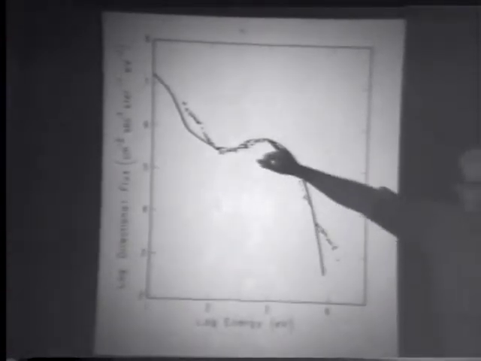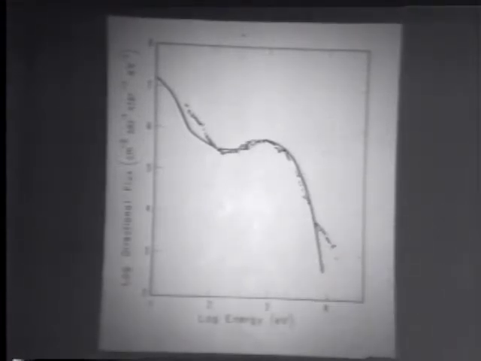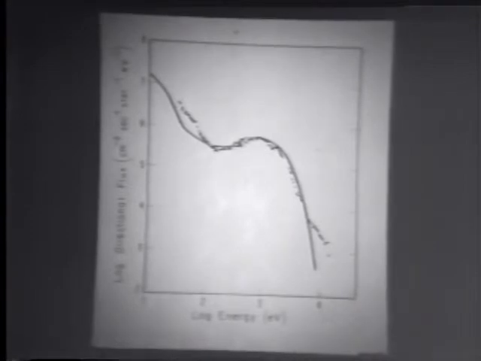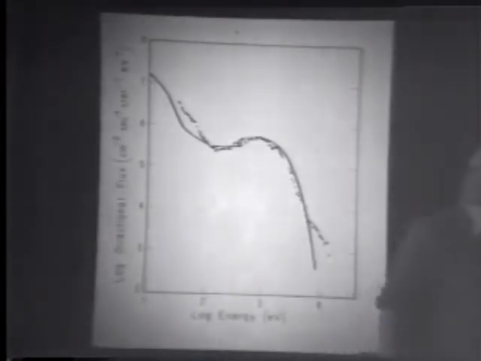The dots are the measurements, and the solid line here is the electron population that I would compute if I assumed that the initial plasma had an 800 electron volt temperature, a density of 5 per cubic centimeter, and there was a 400 volt potential drop. All these particles from this point down are secondaries from the atmosphere.